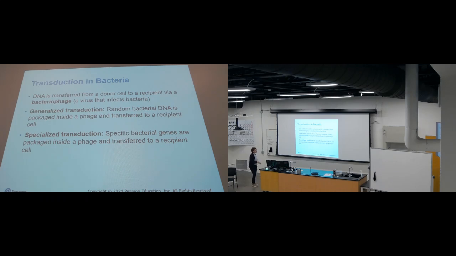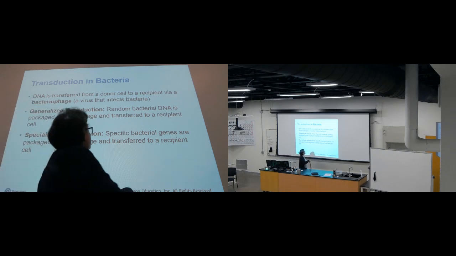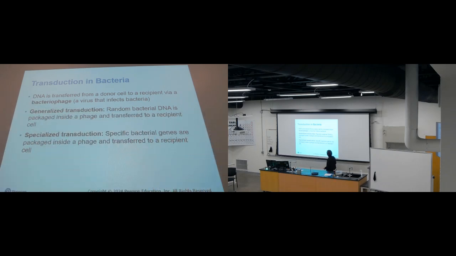So in generalized transduction, you have this random bacterial DNA that is packaged inside the phage. And then you transfer this into a recipient cell. Now in specialized, you have specific bacterial genes that are carried within this virus, this phage, and then you transfer this into the recipient cell.